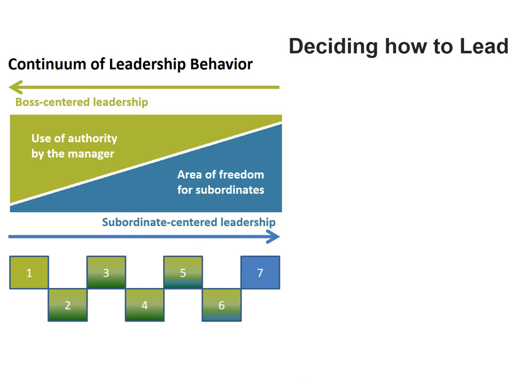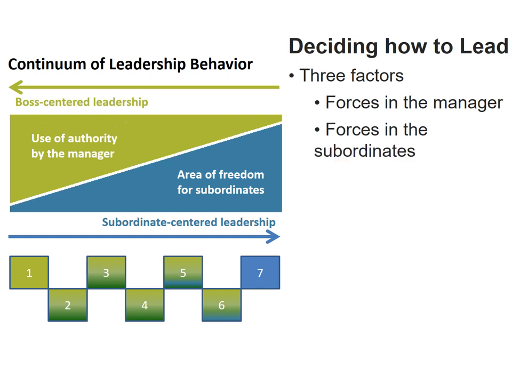Now let us turn from the types of leadership which are possible in a company situation to the question of what types are practical and desirable. Three factors are of particular importance when a manager considers how to manage. These are forces in him or herself as the manager, forces in the subordinates, and forces in the situation.